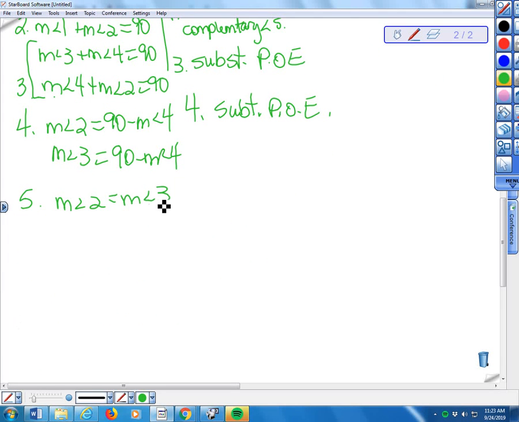Okay, the transitive property. If x equals y and y equals z, then x equals z. So it's the same thing. If 2 equals 90 minus the measure of angle 4, and 90 minus angle 4 is 3, you know 2 equals 3. Transitive property.